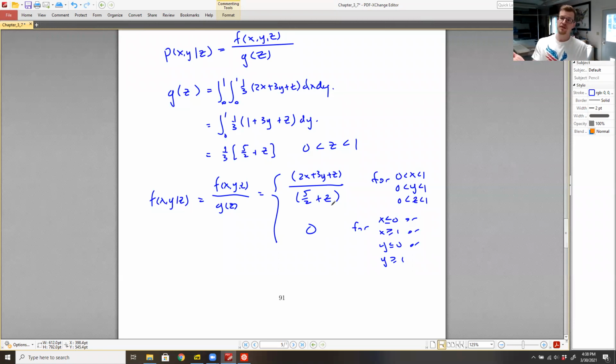And I don't have to specify that because it's undefined, right? I haven't defined it, so it is. All right, but that's exactly it. This is the joint conditional distribution, or density rather, of x and y given z. Again, I could choose a particular value of z, and that would be my specific conditional distribution.